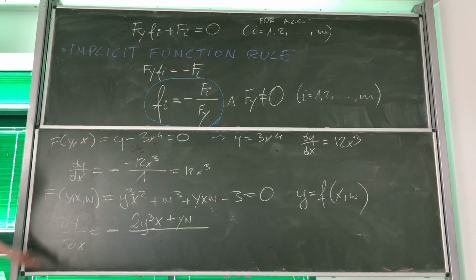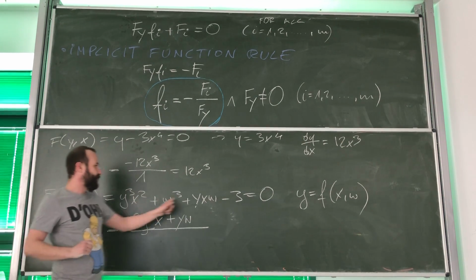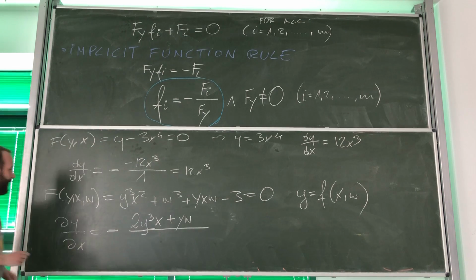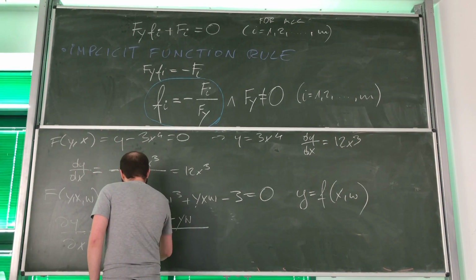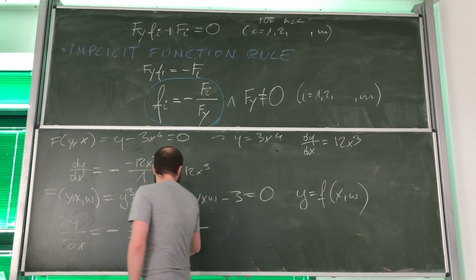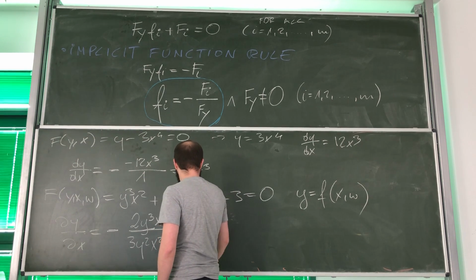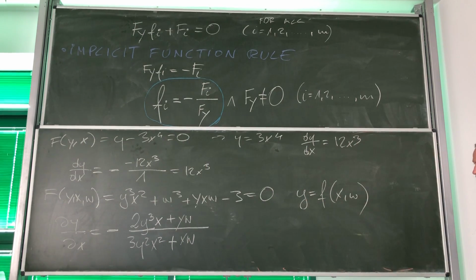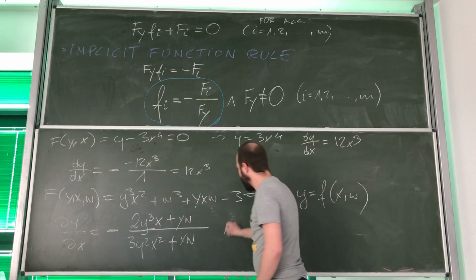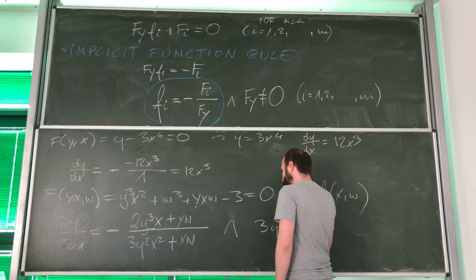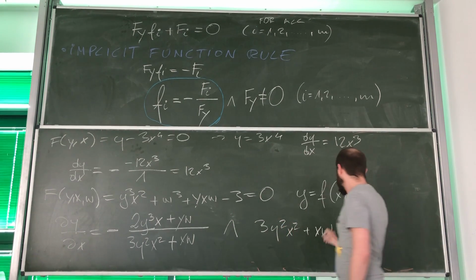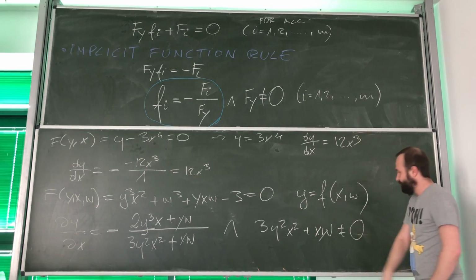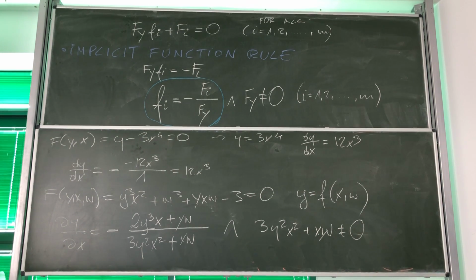Now, the second thing I need to do is to, over here, differentiate this equation with respect to y. So I'm getting that this is 3y squared x squared plus x w. And this is our result, which will of course hold as long as 3y squared x squared plus x w is different than 0.